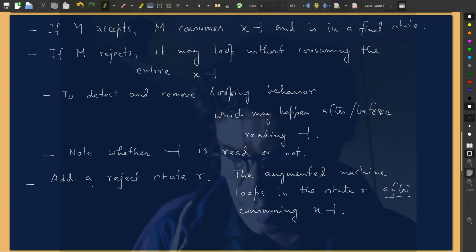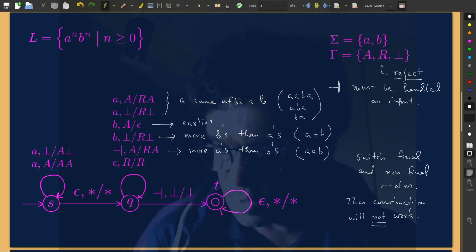So looping is now allowed only in this new state R after consuming this. No further looping will be allowed, and of course this kind of looping is fine because this is a looping after accepting, and we should have a loop like this only after the entire input is consumed. Okay, there is no other looping allowed.